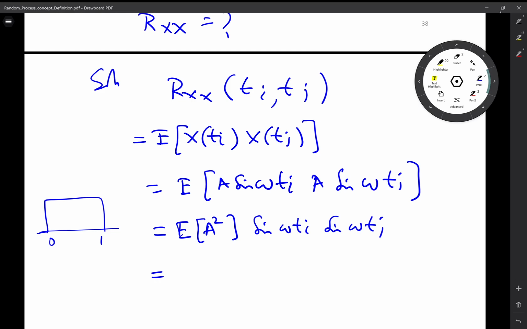So it will be 1 by 3, times sine omega ti sine omega tj.